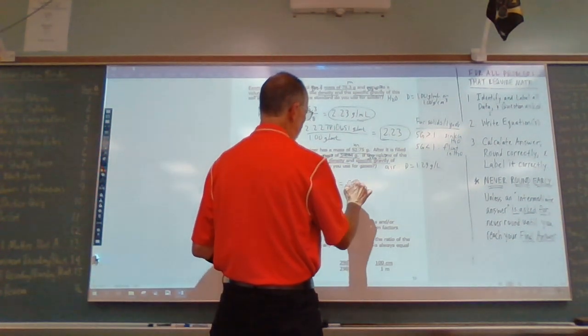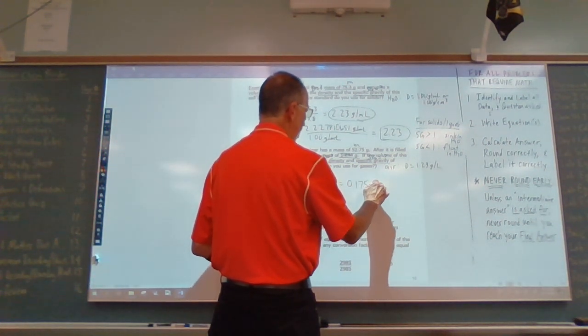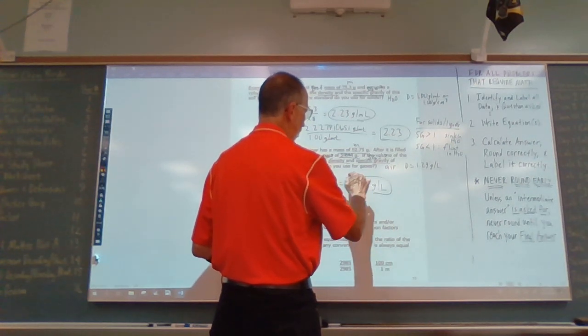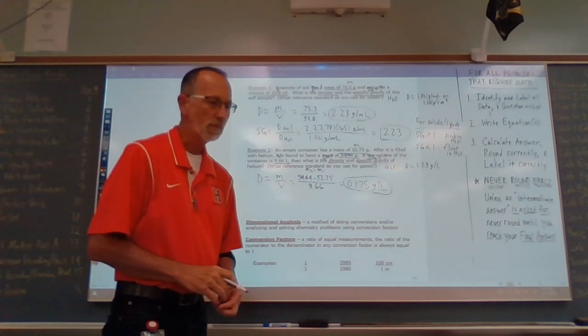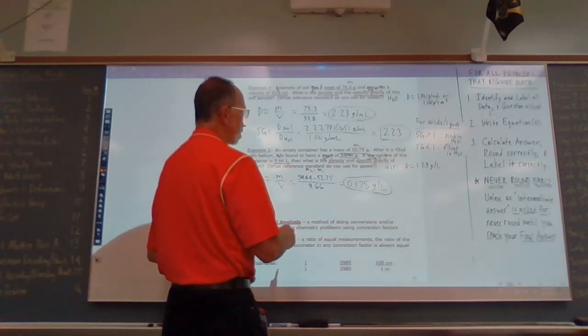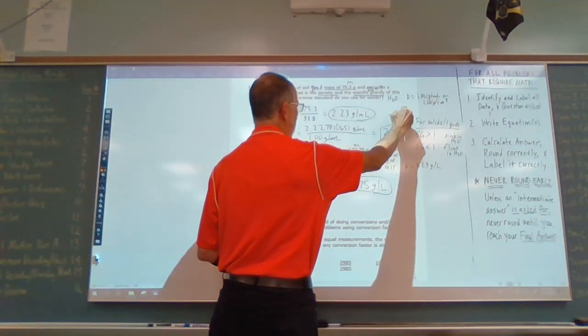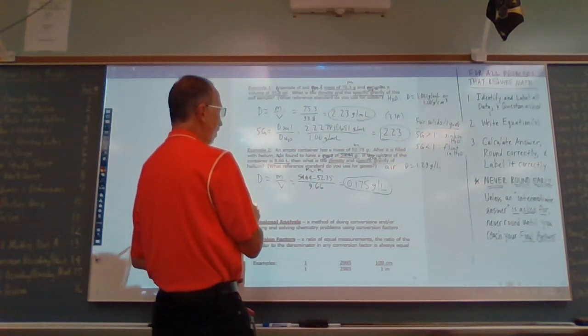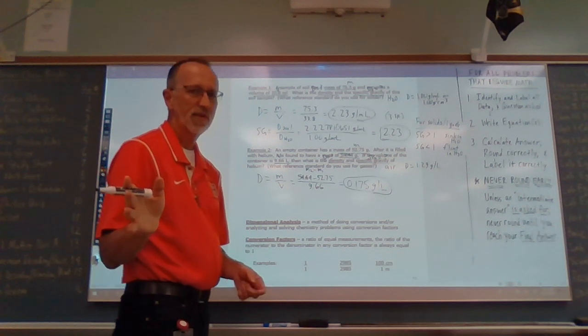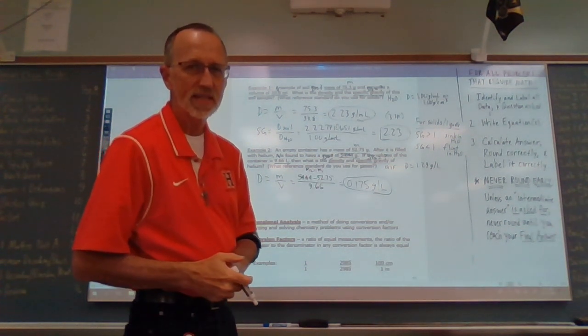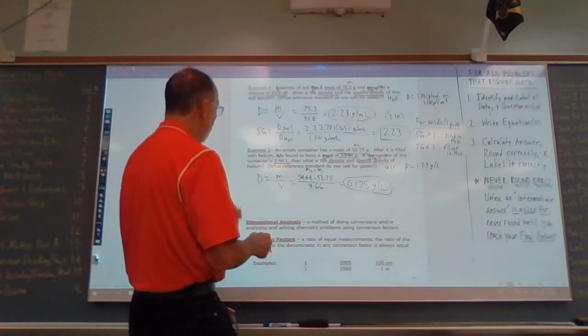So it would be 0.175 grams per liter. Volume unit is liter. These are both 3 sig figs. Sorry, I forgot to write that down. You don't have to write that down on your assignments or tests. I'm just doing it there for reference in case you forget why we rounded that way.